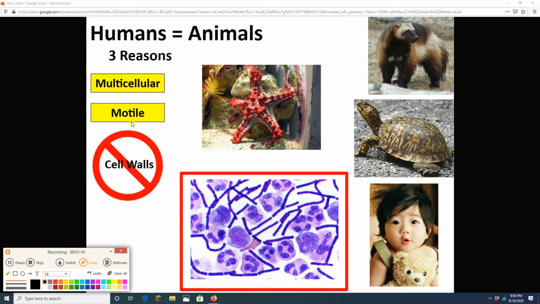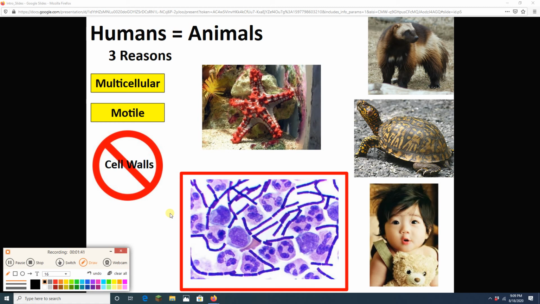Number 2, we are motile. Motile means basically the same as mobile. We move a lot. Number 3, we do not have something in our cells called cell walls. Now, we do have cell membranes that separate the inside and the outside of the cell. More on them later. But we don't have these structures called cell walls.